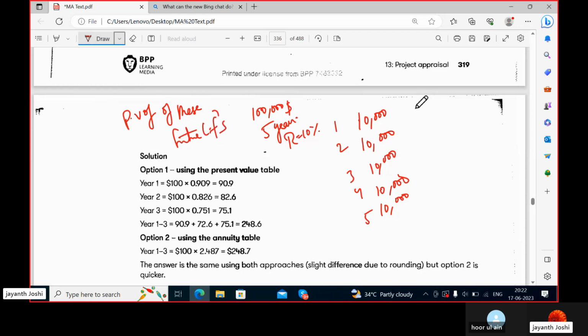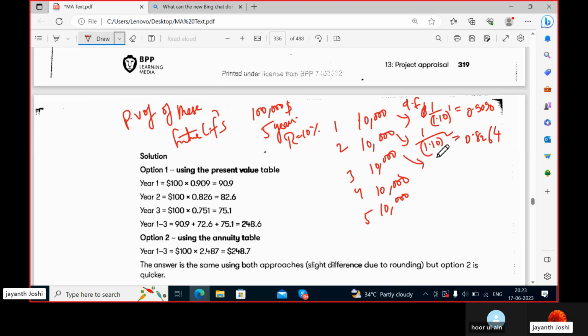So definitely, to find out the present value of these future cash flows, you will be discounting these cash flows. Okay. So I will write the discount factor. Discount factor is 1 by 1.10 whole power 1 for the first year, 1 by 1.10 whole power 2 for the second year. That will be 0.9090, 0.8264.